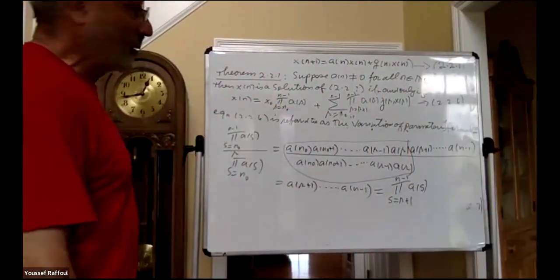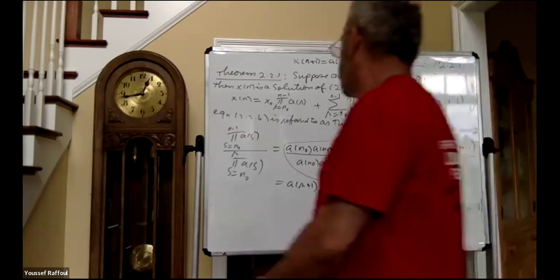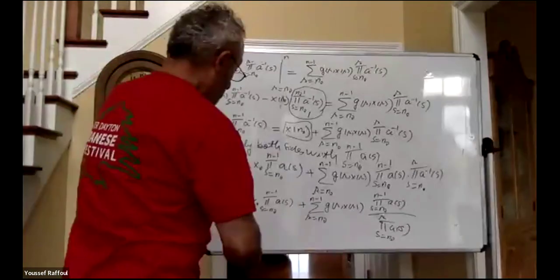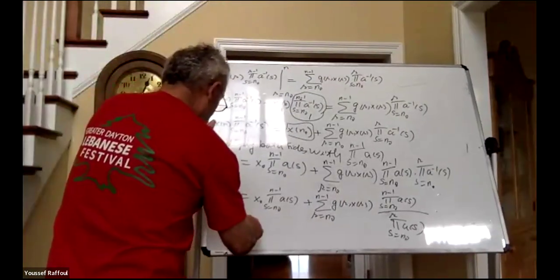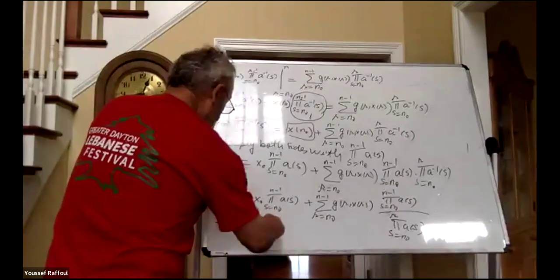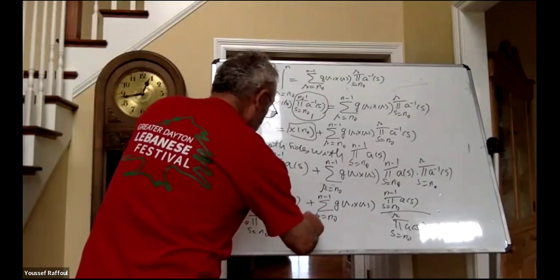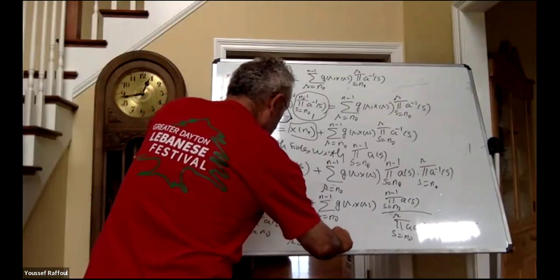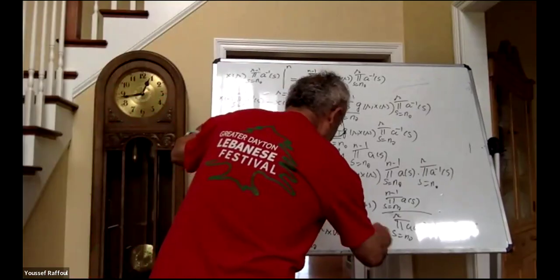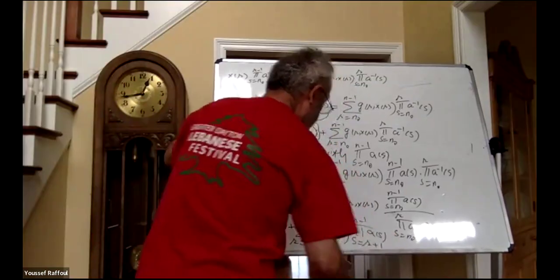So we're done. But we only did it one way. All right? Any questions? And so this one equals x naught times the product over s equal n naught to n minus 1 of a_s, plus the sum over r equal n naught to n minus 1 of g_r x_r times the product over s equal r plus 1 to n minus 1 of a_s.